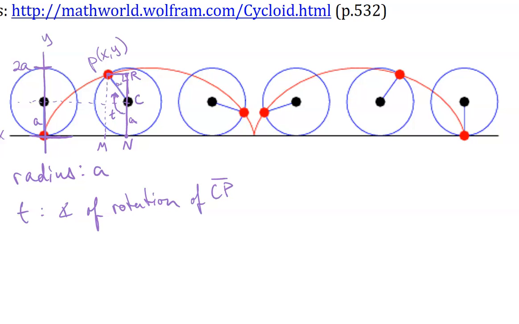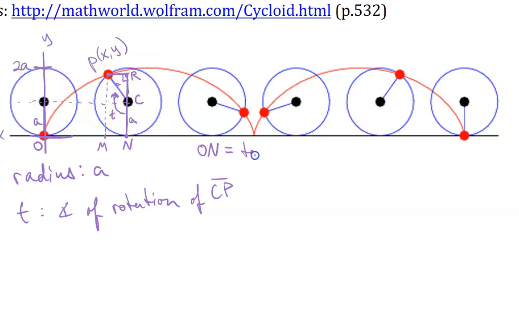What we want to do is write a parametric function, because we're going to write one function to express the x coordinate of this point at some value t, and another to write the y value of t. Oh, I forgot the origin. Origin's O. So ON is going to be the total arc length, in other words, the total amount that the wheel has rolled.